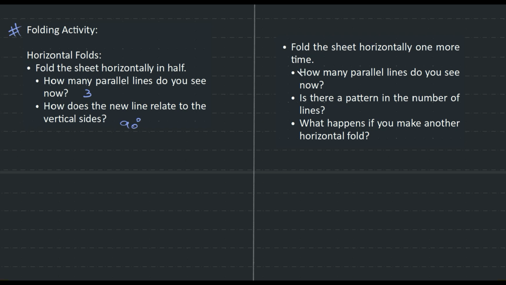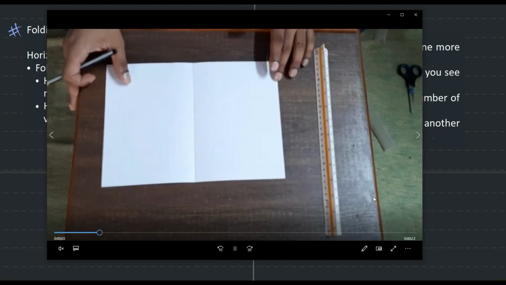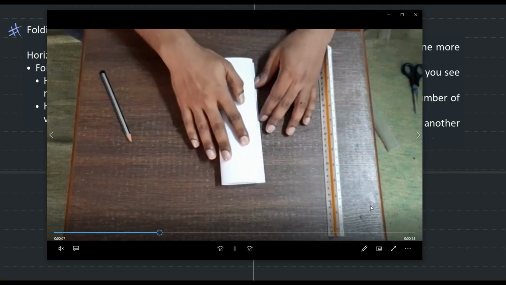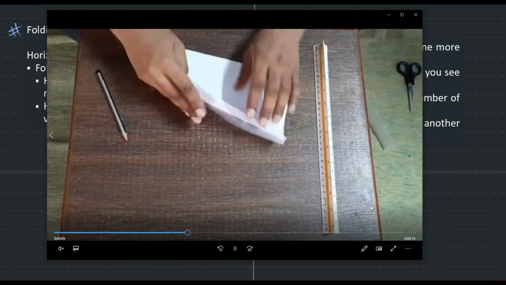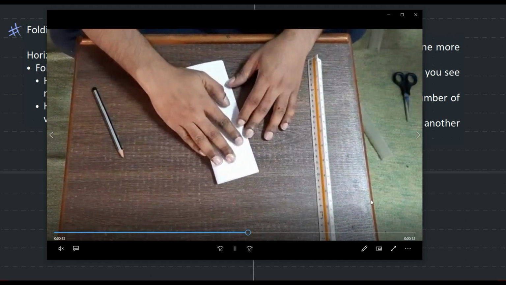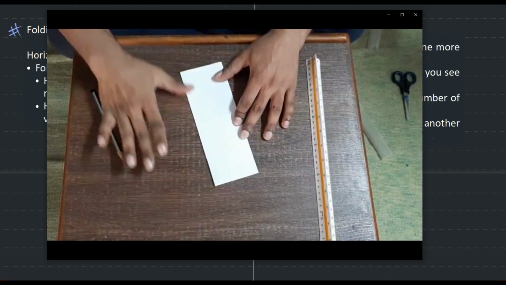Fold the sheet of paper one more time. So this is the first fold, and now we are taking up the second fold. It's a thick paper, so I found it difficult. That's your second fold.